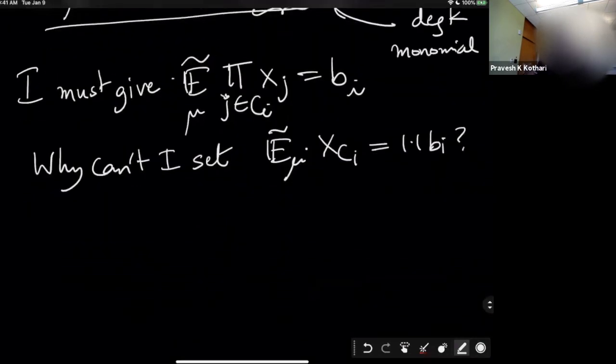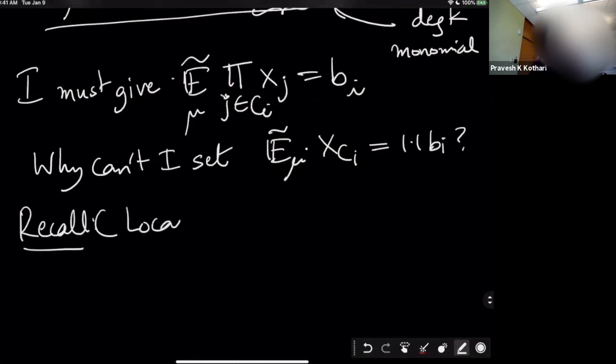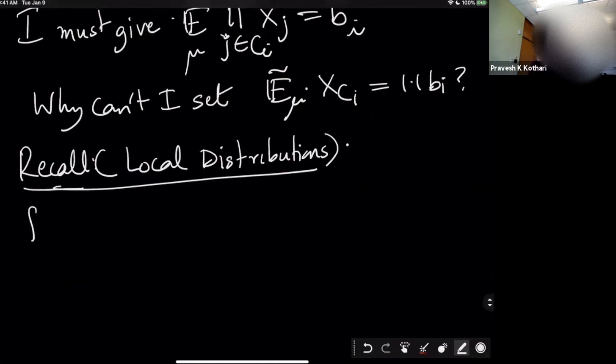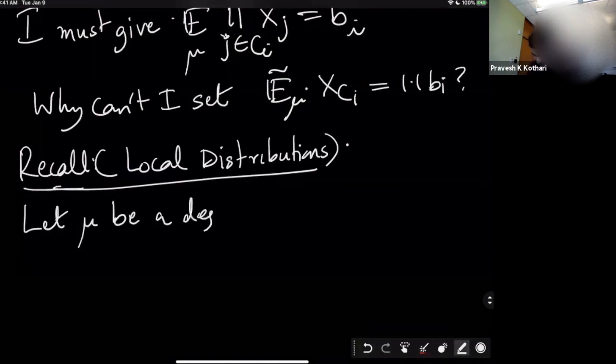Well, remember in last class, we used the following nice property of pseudo distributions. So recall, what did we say? Here is what we proved the last time: let mu be a degree d pseudo distribution over the hypercube.